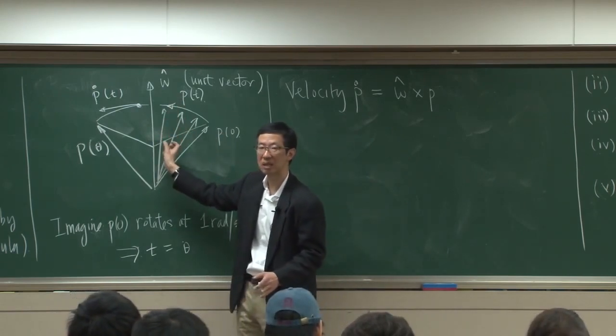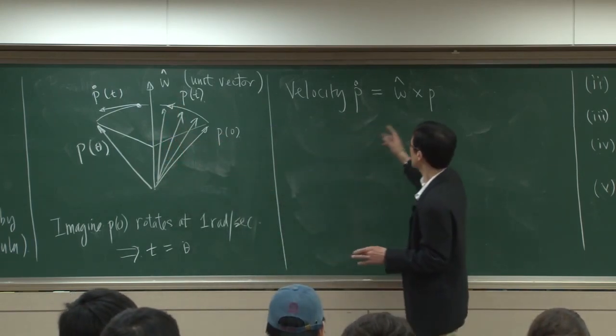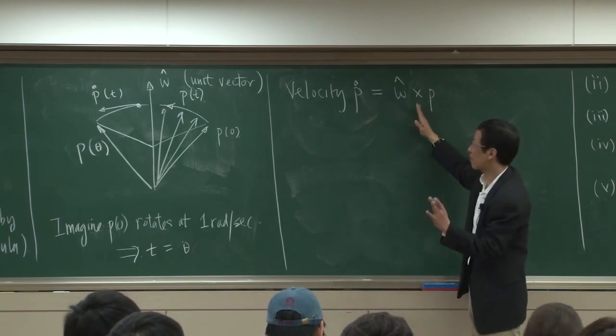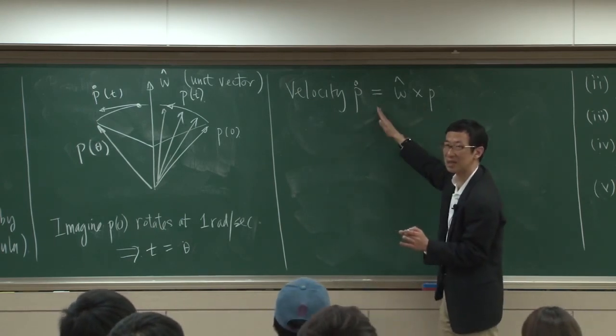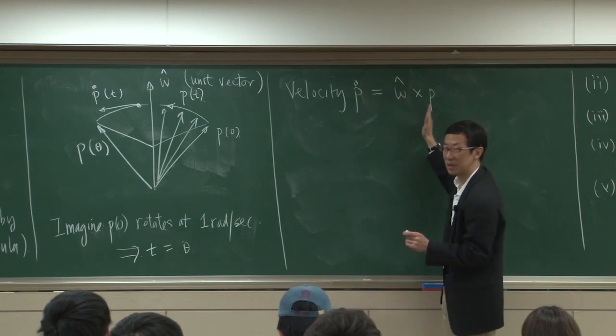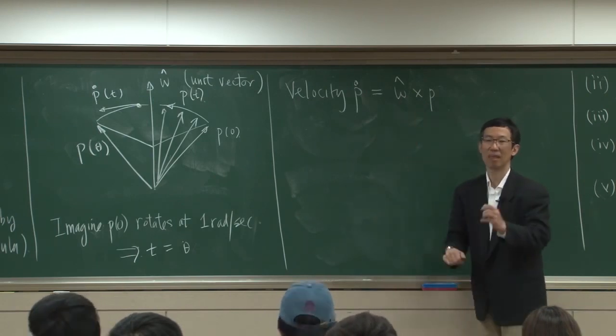Omega hat is a unit vector, so its magnitude is 1. So you can convince yourself that the velocity is given by omega hat cross p.